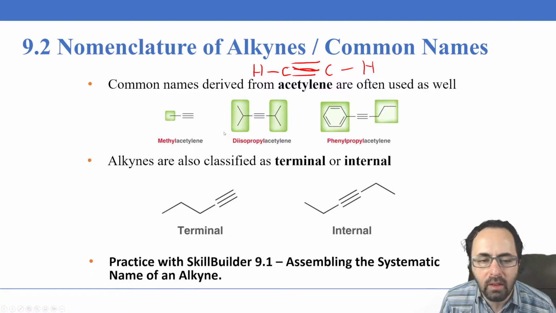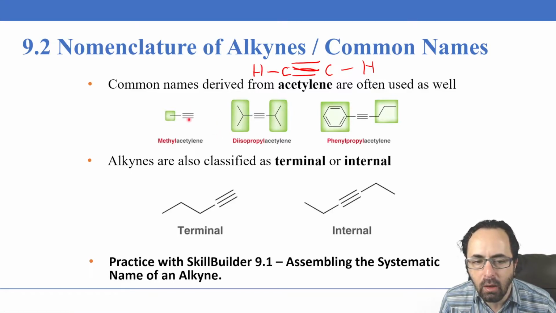So you'll often see other names for alkynes that are derived from this common name acetylene. Like if there's a methyl group attached, we call it methyl acetylene. Here there are 2 isopropyl groups attached to the carbon-carbon triple bond, so some people will call it diisopropyl acetylene.